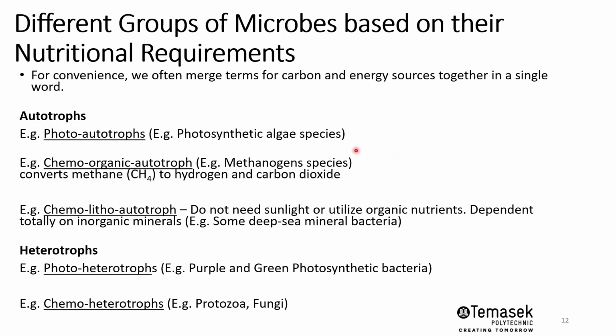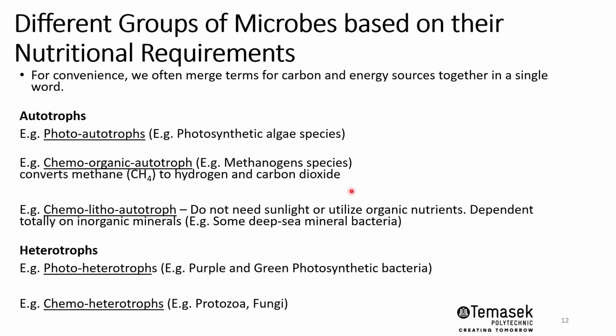Under the category of autotrophs, you also have chemoorganoautotrophs. For example, some of the methanogen species depend on organic compounds for the energy source. These methanogen species convert methane, CH4, to hydrogen and carbon dioxide.